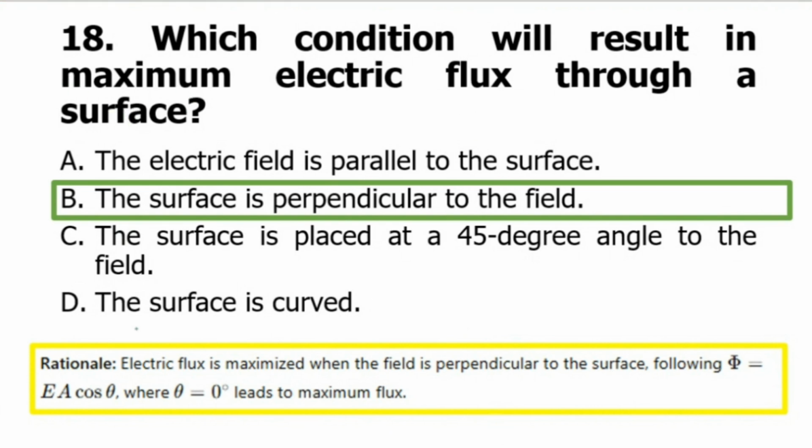Following our equation, electric flux is equivalent to the electric field multiplied by the cosine of theta, where the angle theta of 0 degrees leads to maximum flux. That is what we mean by this.